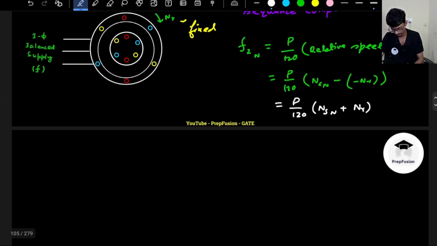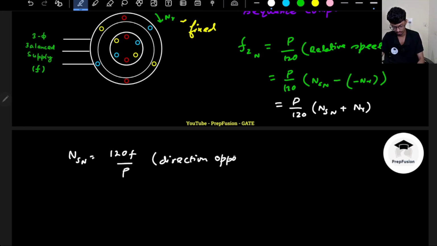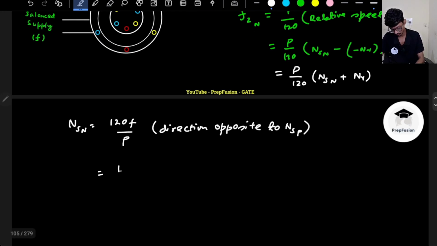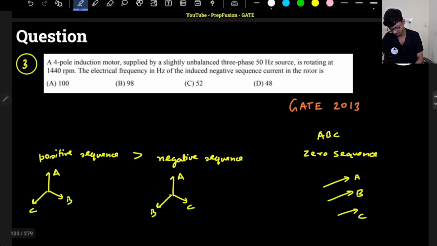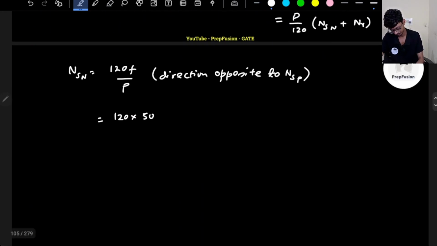So Nsn will be 120 f by P, just the direction opposite to Nsp. So 120 into f, which is 50, I guess, 50 hertz and 4 pole.